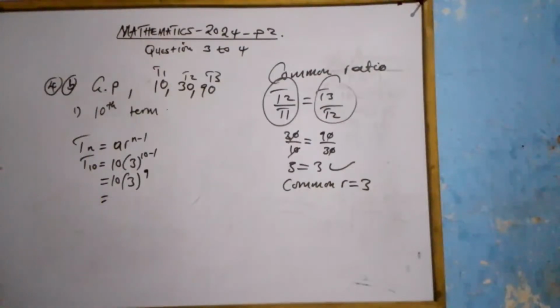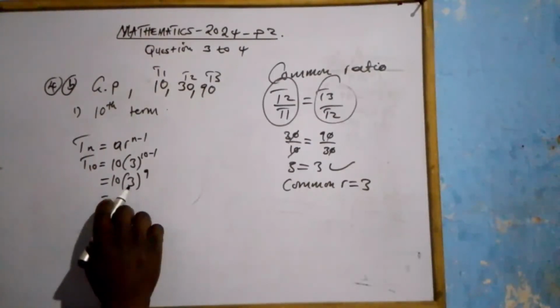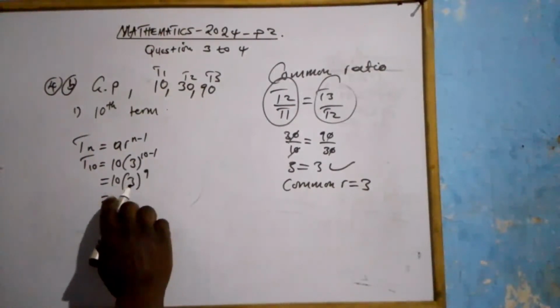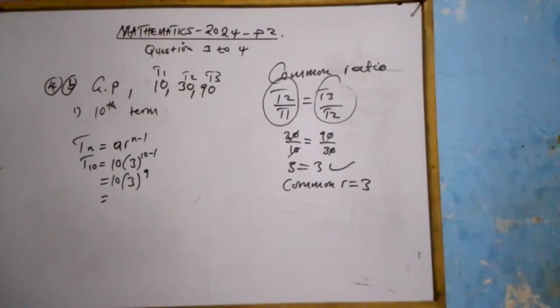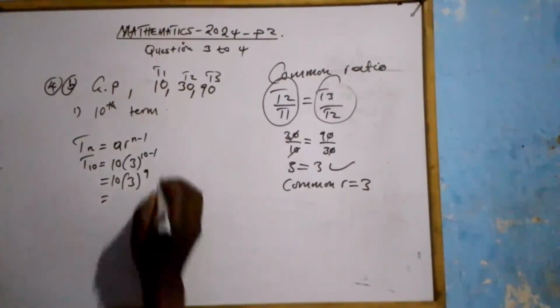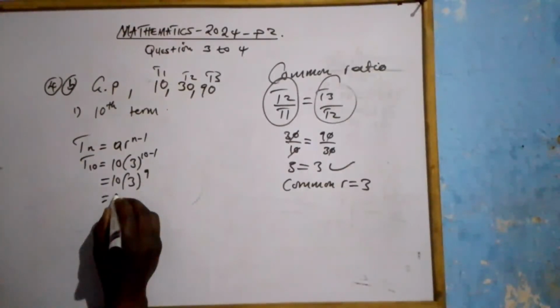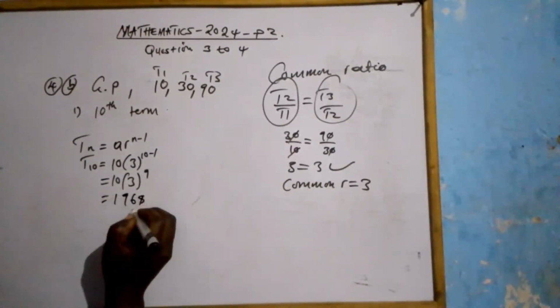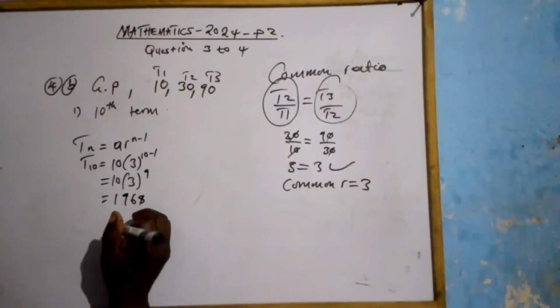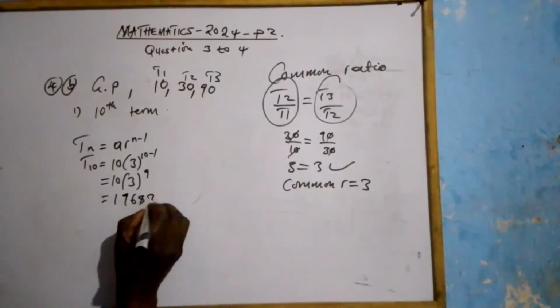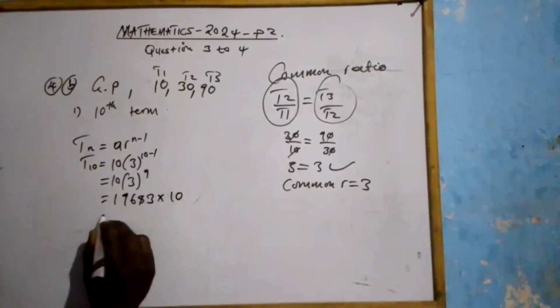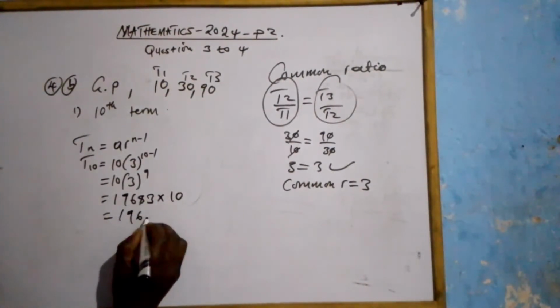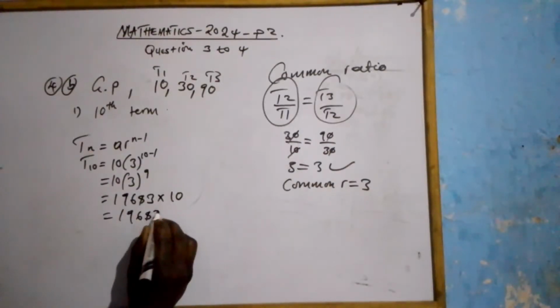Okay, then now don't multiply here, because we just have to simplify 3 with the power, in which you're going to have 3 to the power 9, which is 19,683, then times 10, in which you're going to have 196,830.